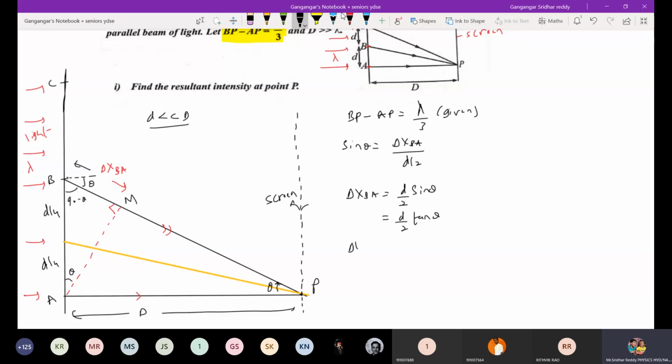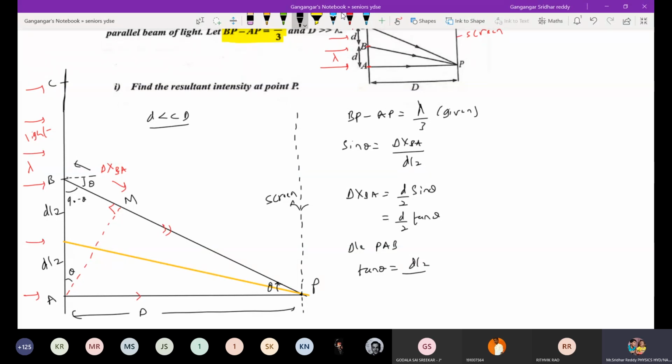From the triangle PAB, so tan theta. Sir, length of AB is d, sir. Length of AB is d. Oh, then I'll make it d.